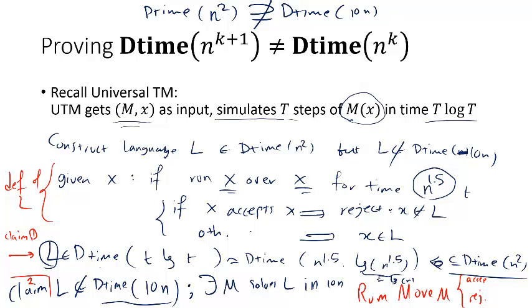But this time there is a more quantitative argument. If you run M over itself, suppose M accepts itself. Then what is the contradiction? Exactly, it would be this case.